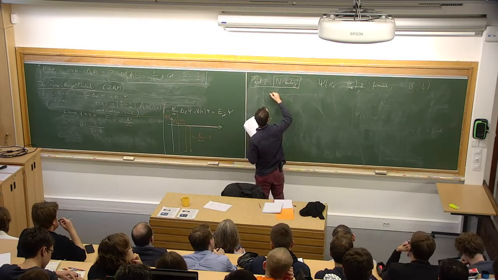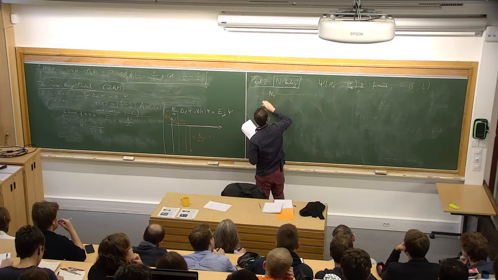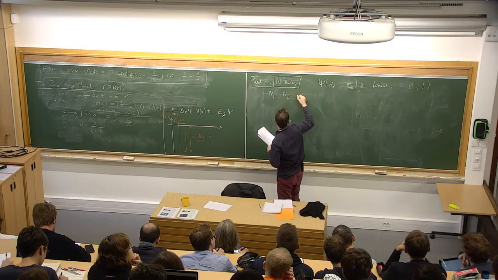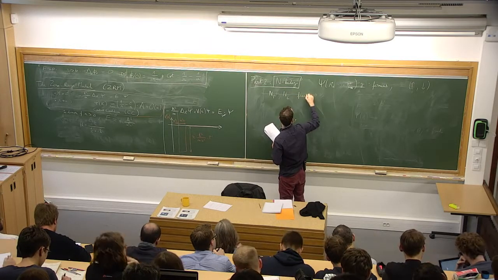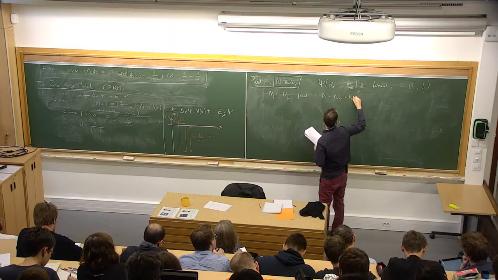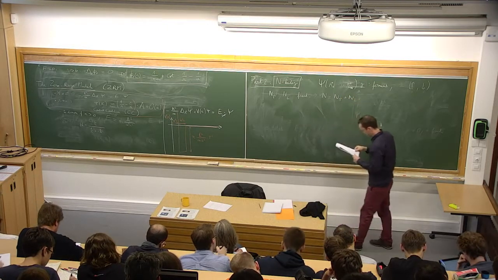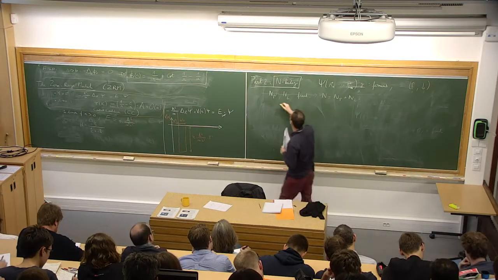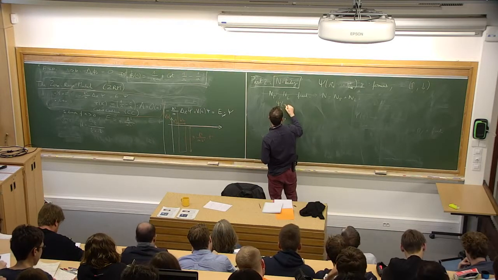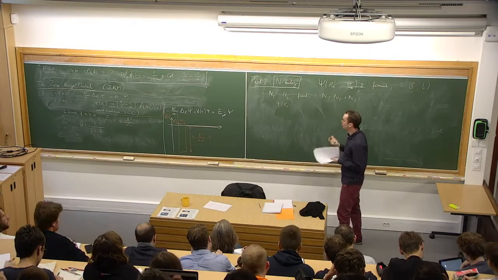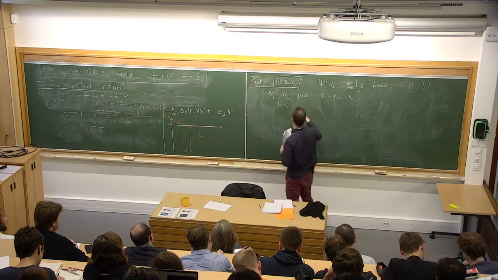So therefore we can consider that the number of spin-up atoms and the number of spin-down atoms are fixed. Of course the total number is N up plus N down. And our many-body wave function should be antisymmetric only if we exchange two particles of the same spin.